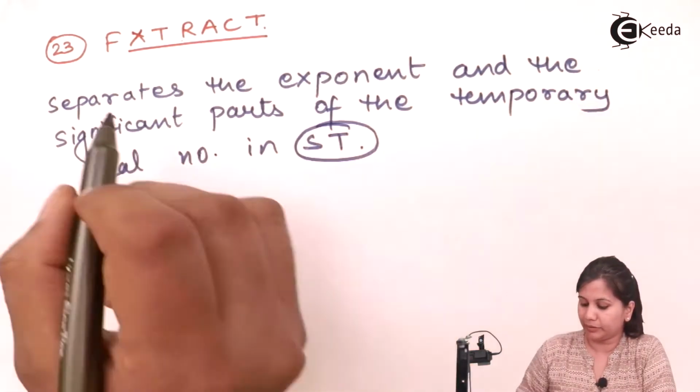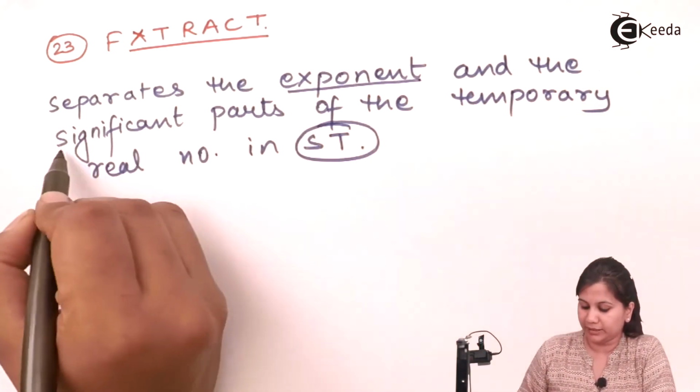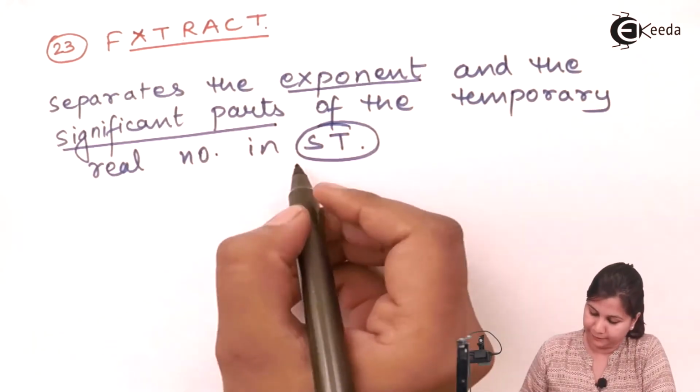That real number is separated into two parts. One is its exponent and the other is its significant part.